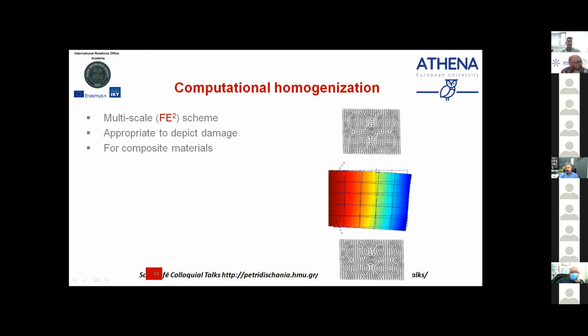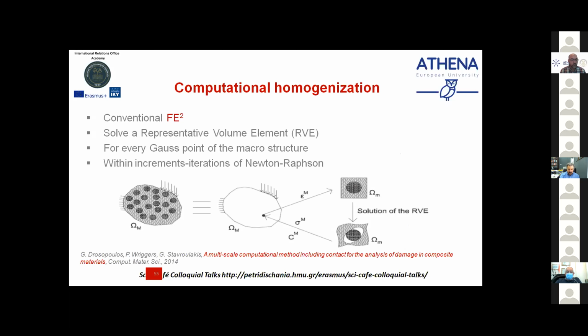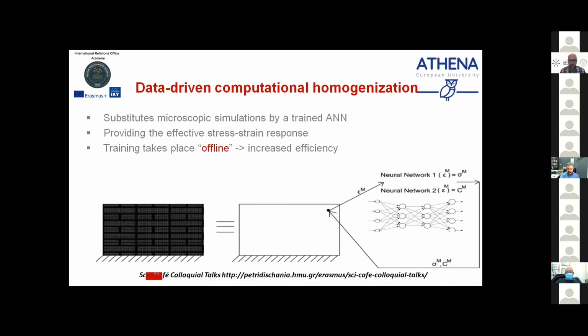Instead of solving the plate by putting hundreds of inclusions, we solve the plate with a small number of homogeneous finite elements, but the constitutive relation comes directly from this analysis with elastoplastic behavior, with delamination, debonding, with contact, whatever. Okay, here is the picture. Again, here is the replacement of the database by means of a neural network.